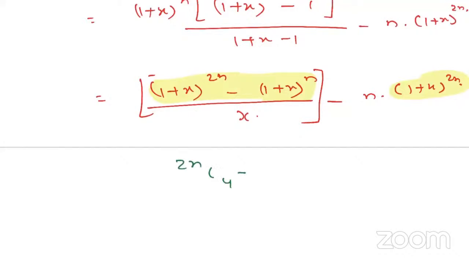2nC4 minus nC4 minus n into 2nC3 minus S is this one.